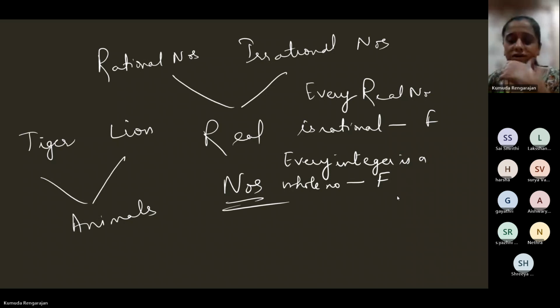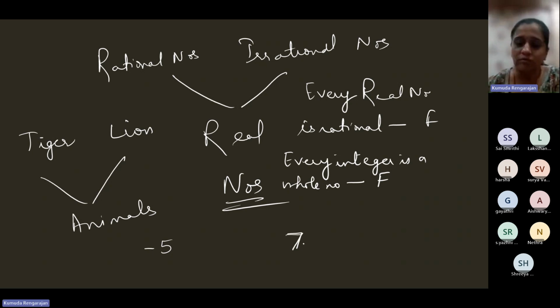False. Correct, because every integer need not be a whole number. Now -5 is an integer, but it's not a whole number. But yes, 7 is an integer and it's also a whole number. For this it's true, but it's not always true.